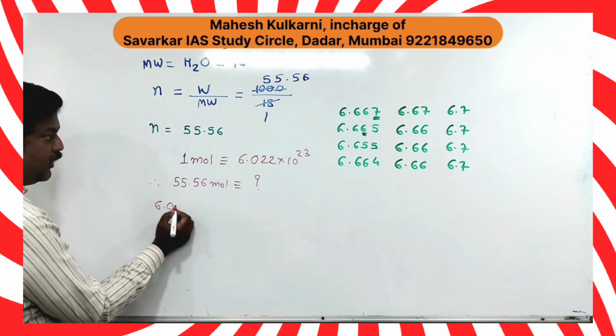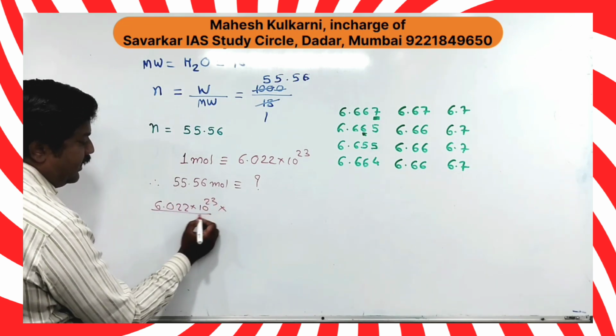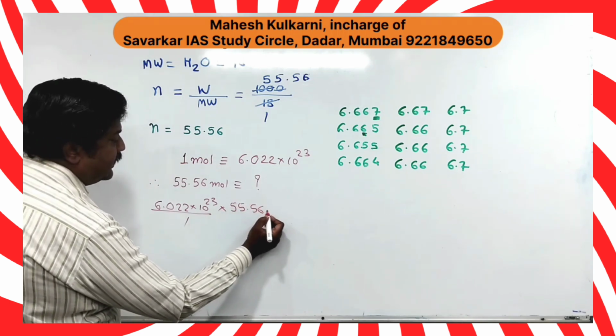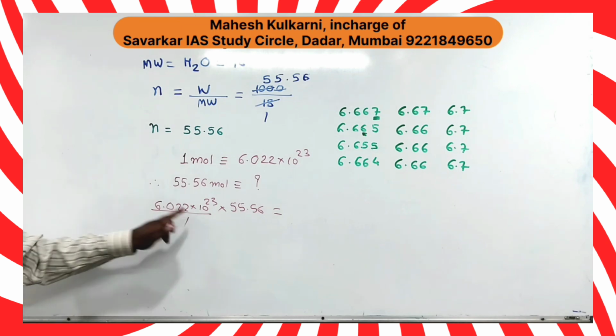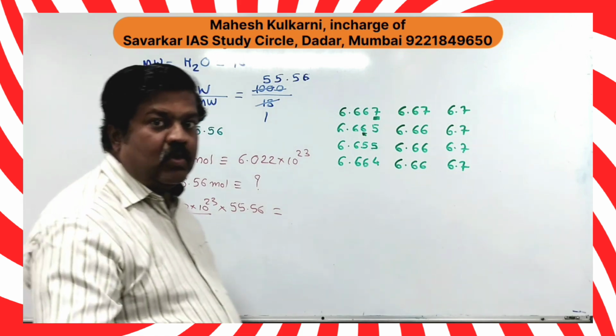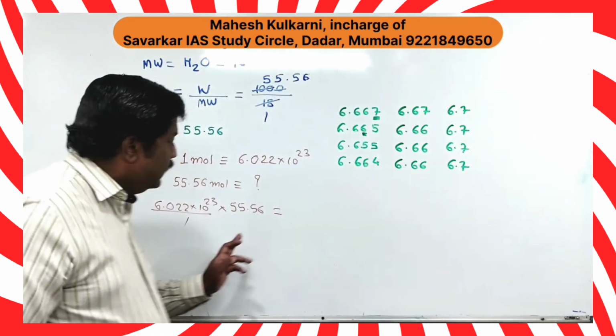So the answer is 6.022 into 10 to the power of 23 divided by 1, obviously multiplied by 55.56. So we are getting the answer, that is the multiplication of these two figures and the multiplier of 10 raised to 23. I hope you are able to do this calculation.